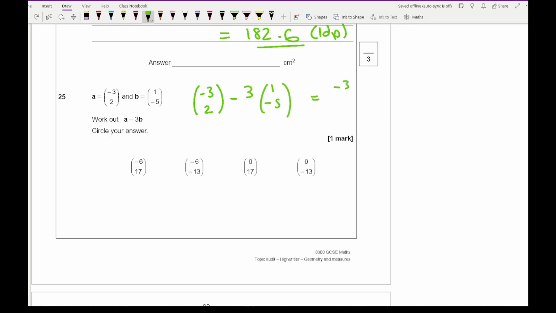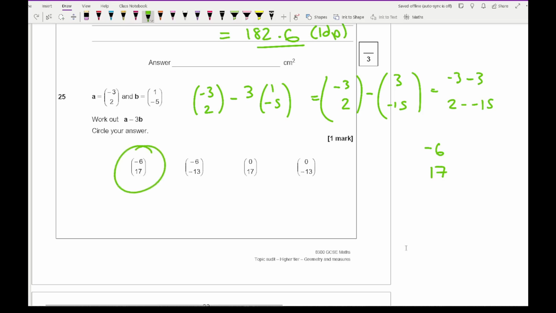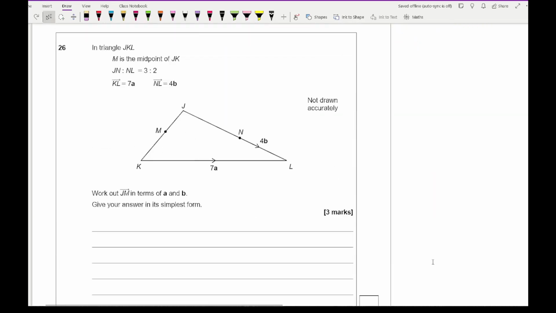Now that equals minus 3, 2, minus 3, minus 15, which equals minus 3 minus 3, and 2 minus minus 15. Now minus 3 minus 3 is minus 6, and 2 minus minus 15 is positive 17, which is our first option.